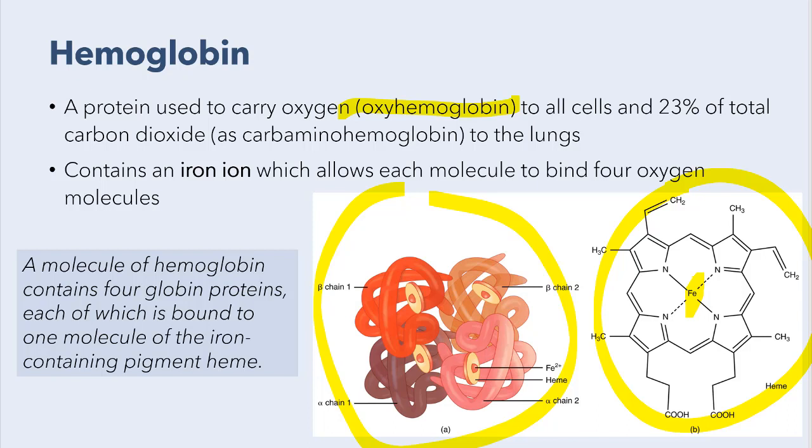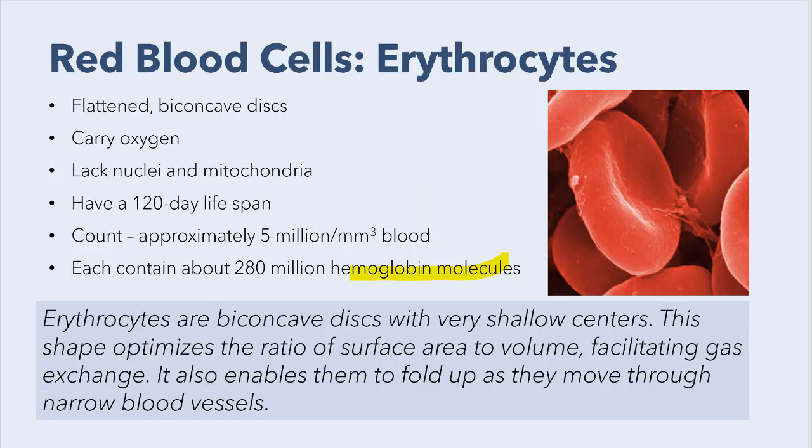And then think about each cell having around 280 million hemoglobin molecules, and each of those is carrying 4. That's a lot of oxygen bound to hemoglobin in each red blood cell.